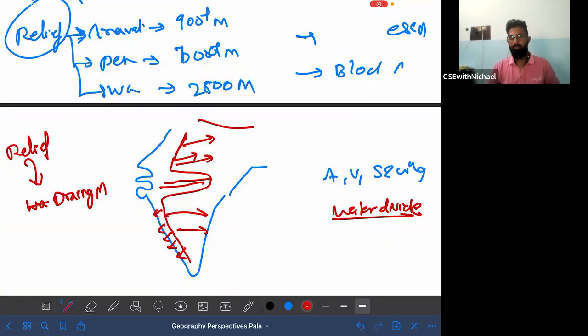Rivers will be flowing so that if the slope is towards eastern India, they flow towards the east. When the slope is towards the northeastern direction, rivers like Banas, Chambal, Son will flow from the Vindhya Satpura belt or the Aravalli belt towards the Gangetic plains. So this is basically the water divide.